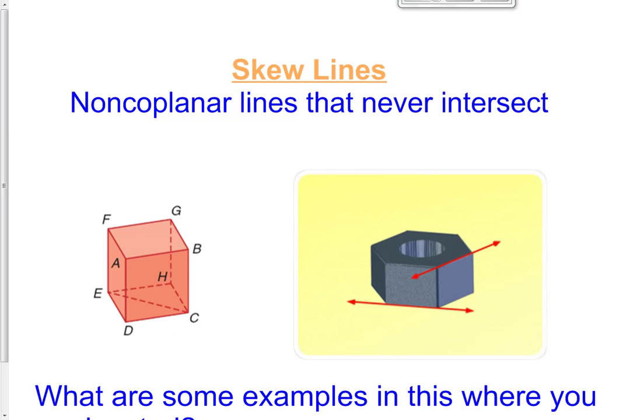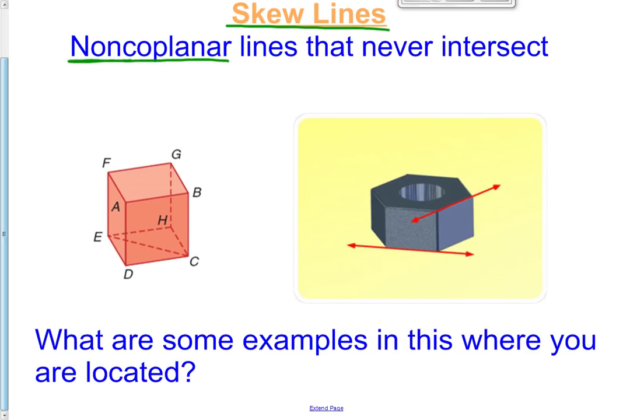So similar to parallel lines is skew lines, where parallel lines are coplanar lines that never intersect. Skew lines are non-coplanar lines that never intersect. So that's the difference between the 2. On this box on the left side, if I have DC and AB, those are parallel lines.